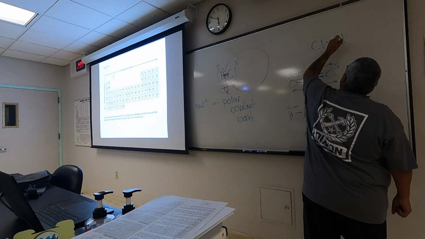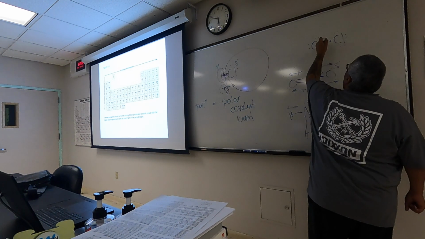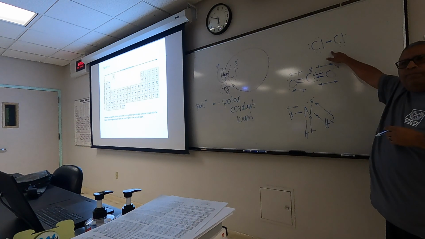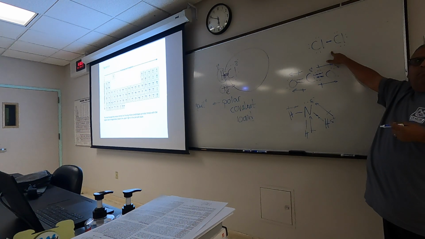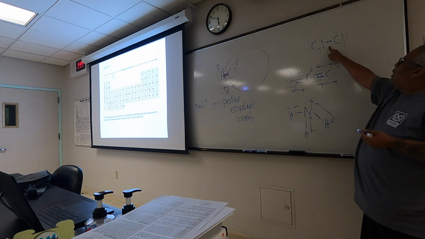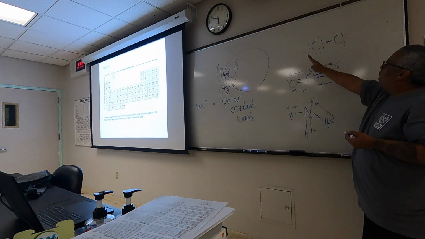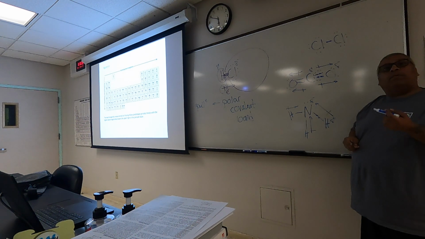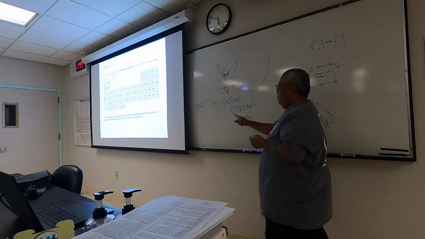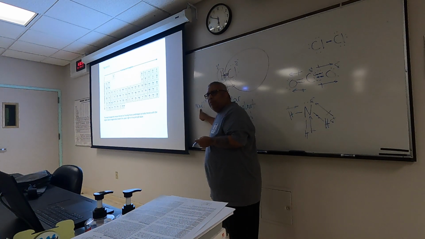Then we have molecules like this. So here, which one of these is closer to fluorine? Oh, they're both the same. So are these electrons being shared equally, or is one pulling it towards the other? They're equal. So if these are not being pulled, right?